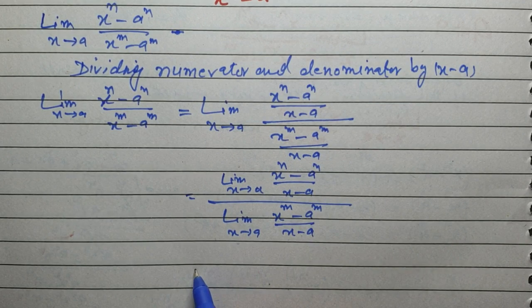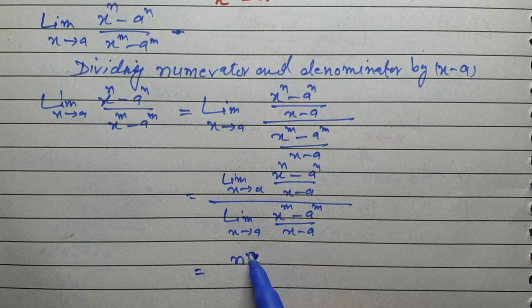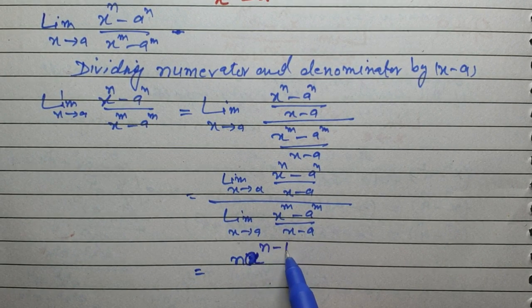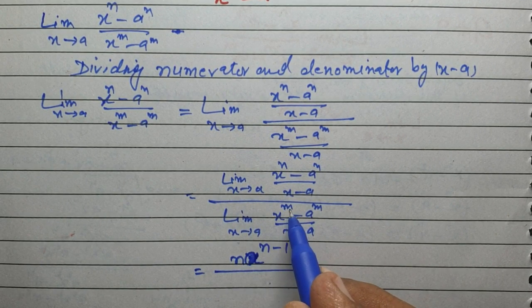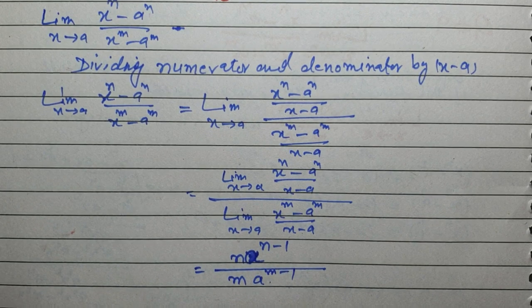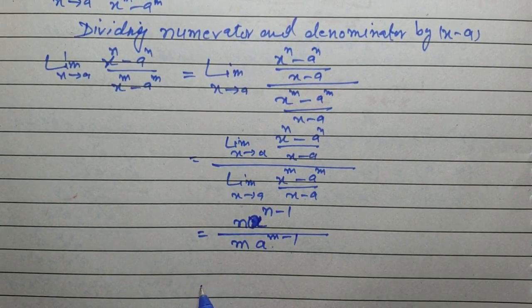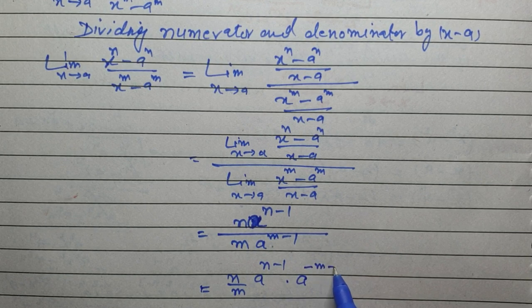Okay, what will be the result of this? It is n a raised to power n minus 1. This is the variable m. It is m a raised to power m minus 1. So we can write n by m a raised to power n minus 1 into a raised to power minus m plus 1.